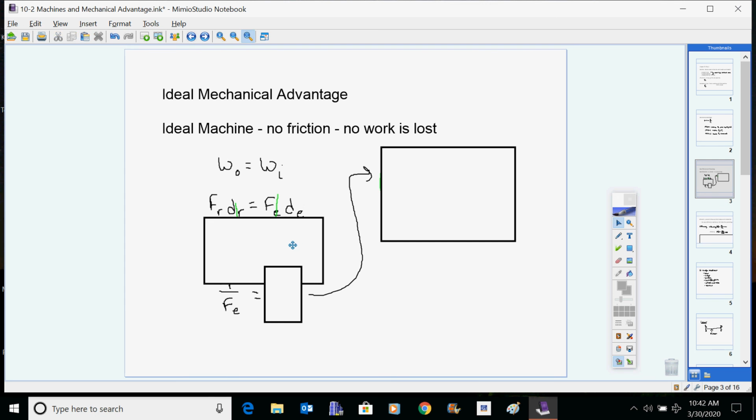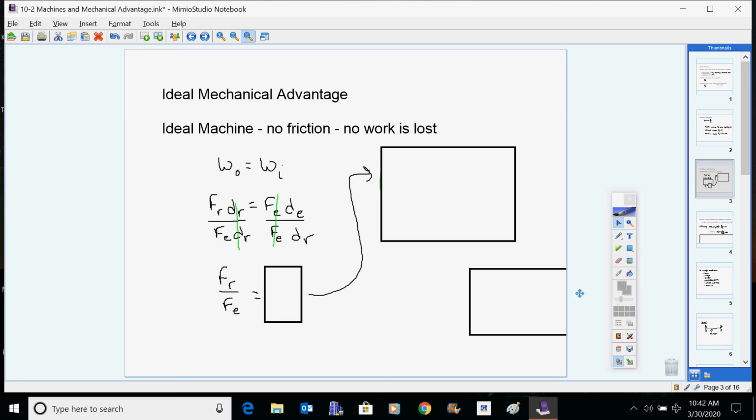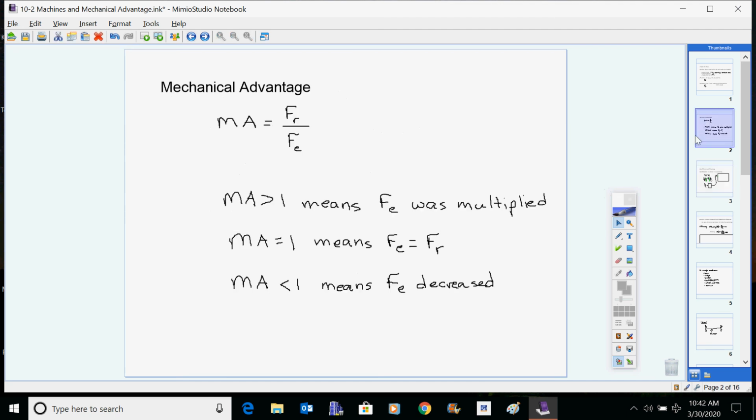So you have the resistance force times the resistance distance, or in other words, the result force times the result distance, has to equal the effort force times the effort distance, what went in. Now notice that I have a little bit of a cross out here, because I wanted to divide both sides by FE DR. The reason is that in this case these cancel out, and that gives us FR over FE, which, if you remember, is our mechanical advantage.